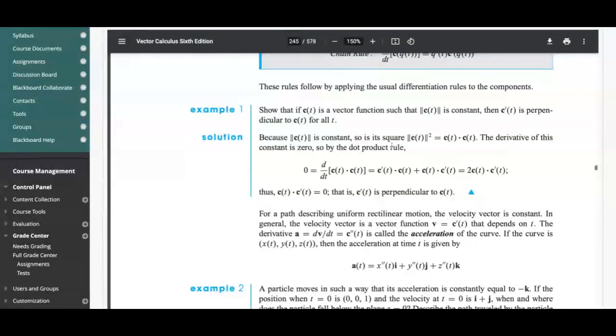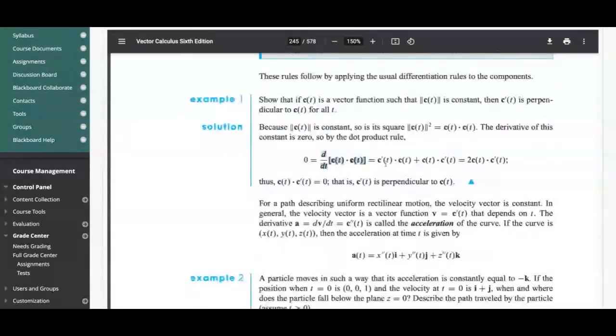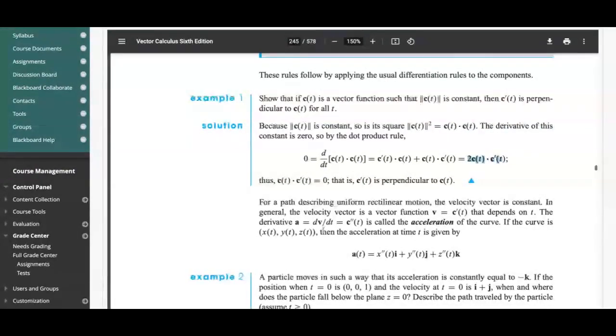Then we can use the dot product rule. Differentiating this, we get twice C'(t) dot C(t), which equals 0. Remember, if the dot product of two vectors is 0, that means those two vectors are perpendicular to each other. So that's it.